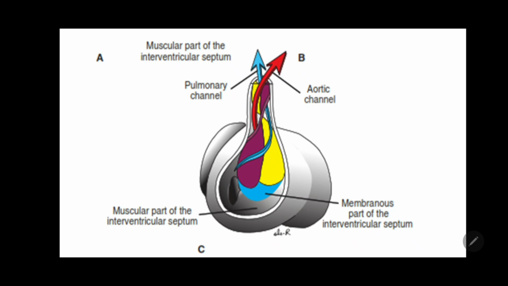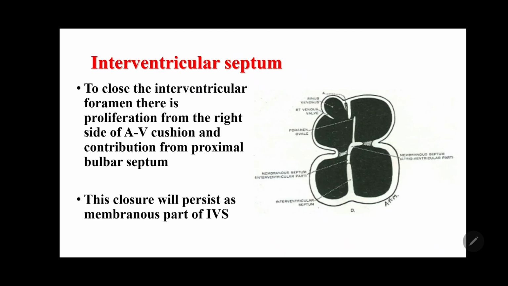Here you can see first this is the primitive muscular interventricular septum, then you are seeing this membranous septum. The membranous septum is formed by what? The septum intermedium and also the bulbar septum, and then you are seeing this aorticopulmonary septation. You can see again in this oblique section, the muscular part and the membranous part.